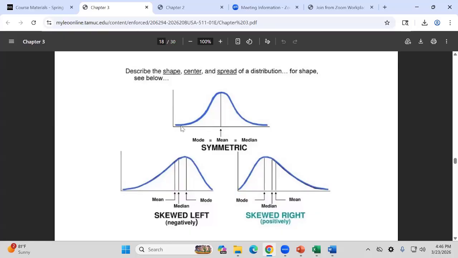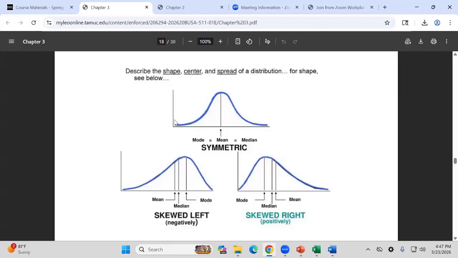What does this x-axis represent in this case? All the values in the data set, exactly. They represent all the values. You could have 1, you could have 10, you could have 100. Doesn't matter. The x-axis represents all the possible values in the data set.